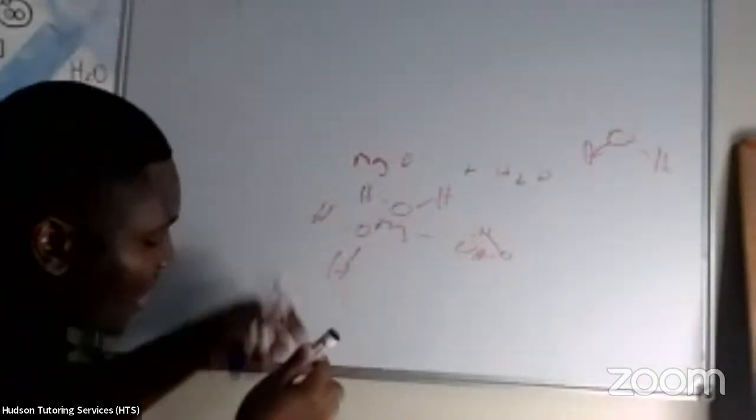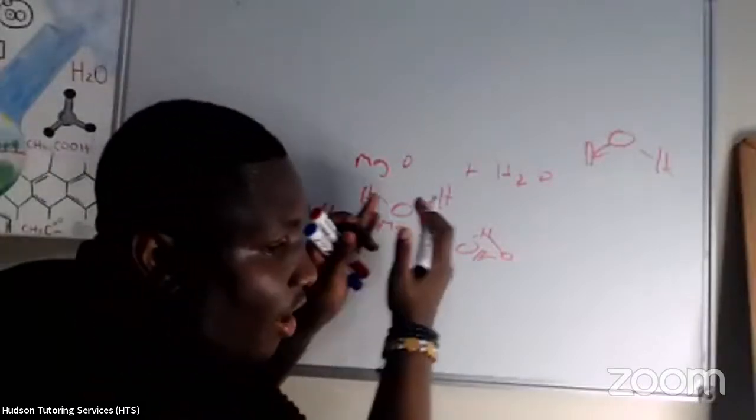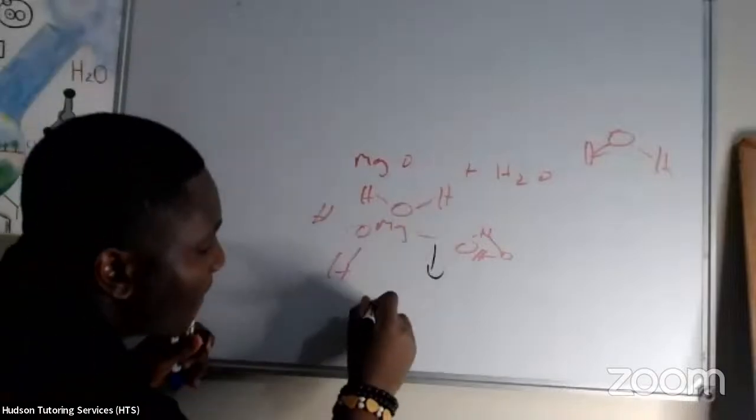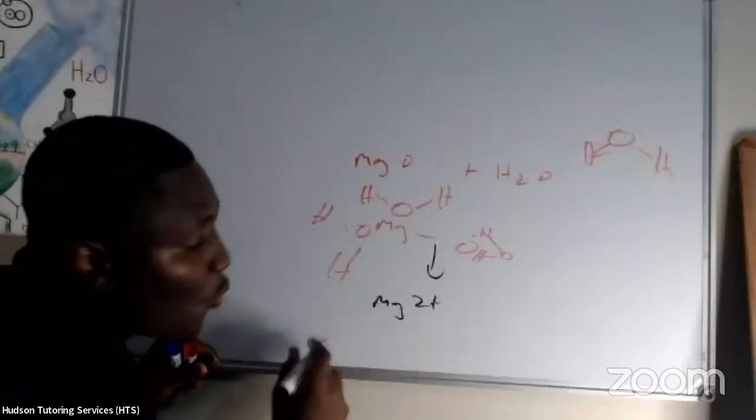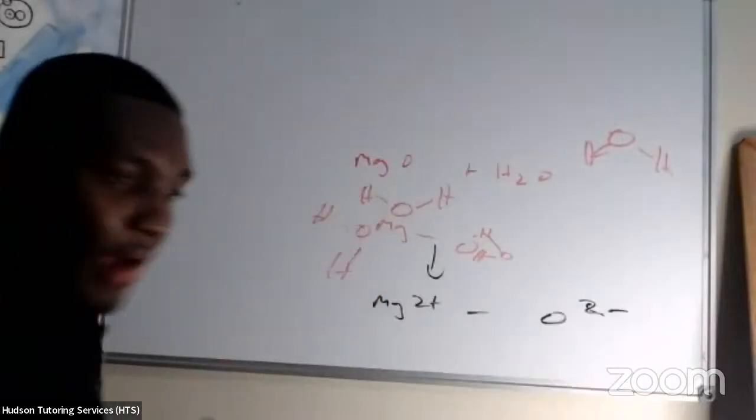Opposites attract, remember? The water surrounds them in this orientation in such a way that the ionic bond becomes weaker. So basically, they're going to separate. When they separate, you would have magnesium ions, Mg2+, and oxide ions, O2-, being in the solution.